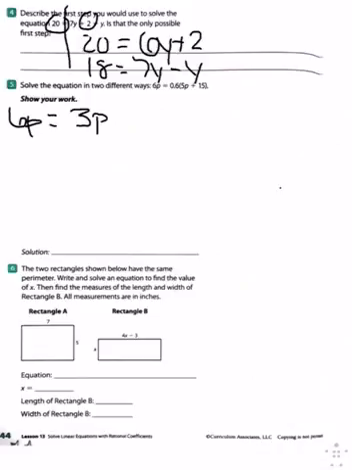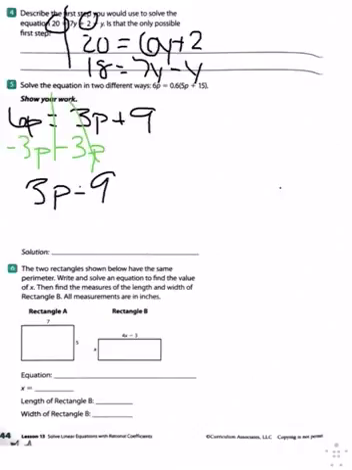And then 0.6 times 15 gives us 9. From here, we're going to combine our like terms. So I'm going to subtract 3p from both sides. Those cancel out, and I am left with 3p equals 9. My last step is to divide by 3. My final answer is p equals 3.